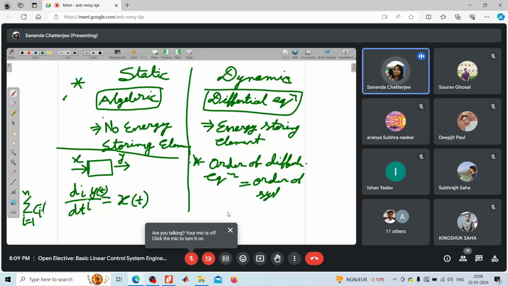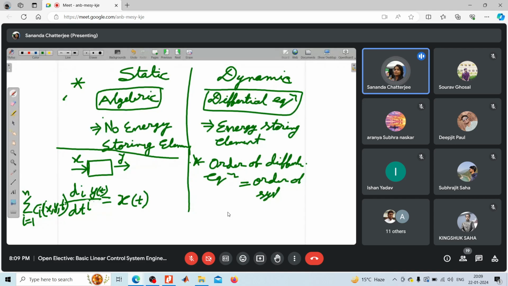In general it could be a function of x, y or t. And this varies from 1 to n, we are saying.